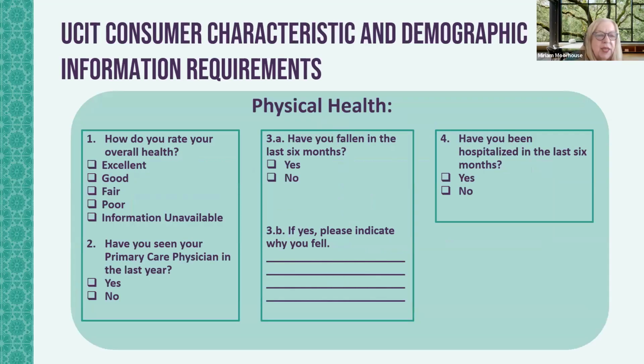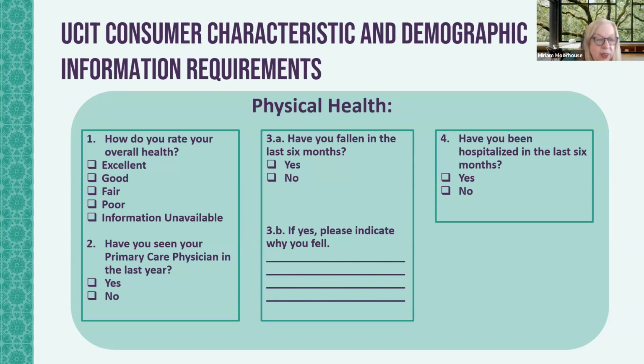The next thing we're checking is physical health. And so we're asking the consumer, since this is person-centered, how do you rate your overall health? And then we're checking, have you seen your doctor, your primary care physician in the last year? And if you'll notice, these questions were going down, not across. So it's one, and they'll be listed across on the form.